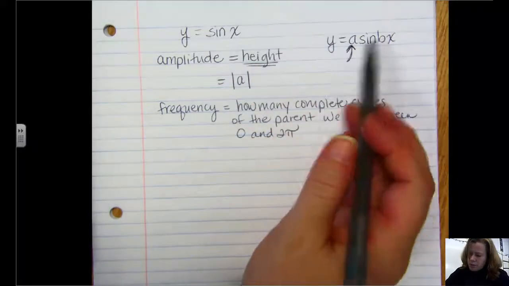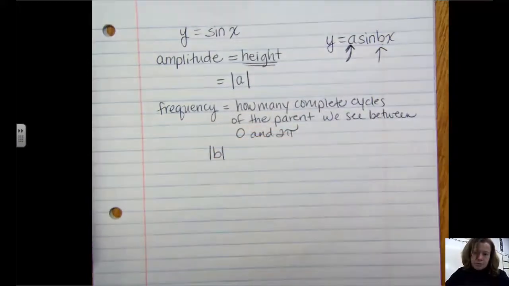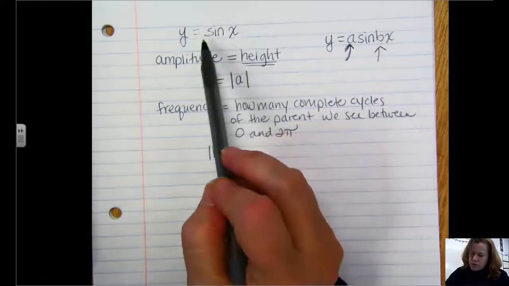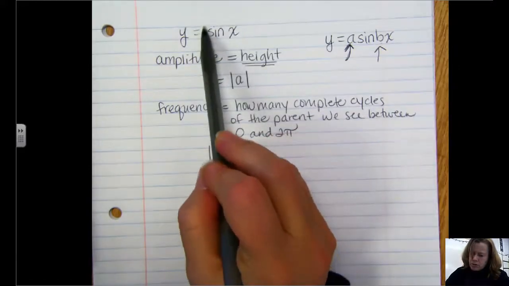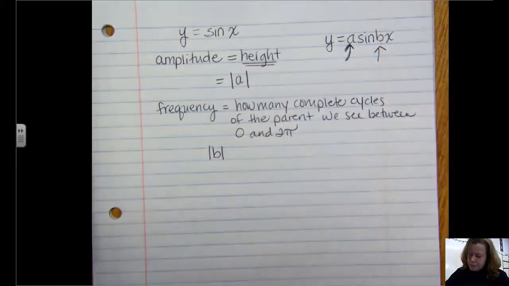Frequency in our general equation is the absolute value of b. So in our parent sine graph, my amplitude or height is 1, my frequency is 1. I see one complete cycle from 0 to 2 pi.